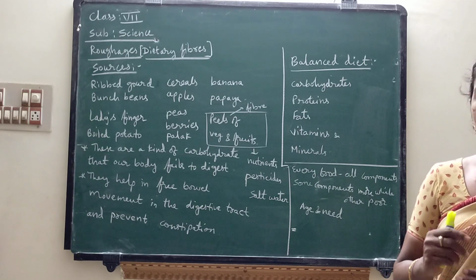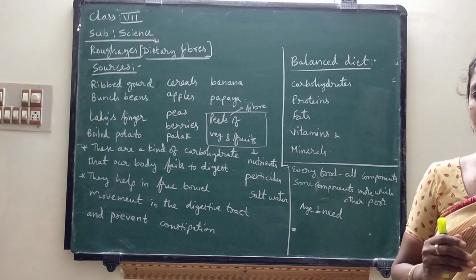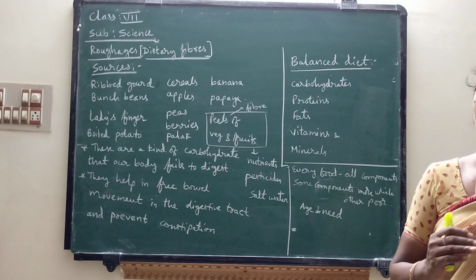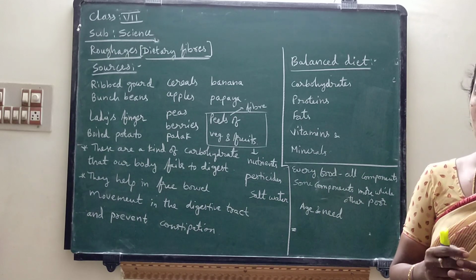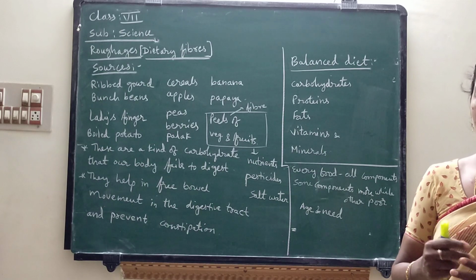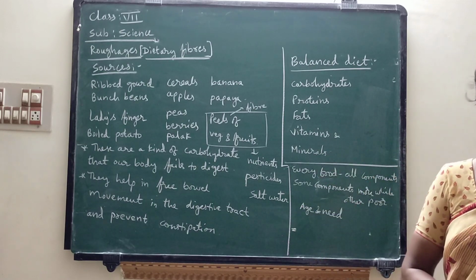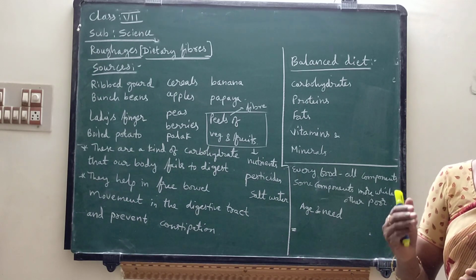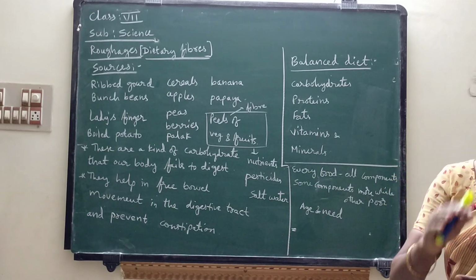Fats should be taken in smaller proportions. Don't go for too many fat-containing foods, because more cholesterol will be found in your body. Vitamins and minerals should be taken according to age and proportion, because they are needed only in minute quantities.